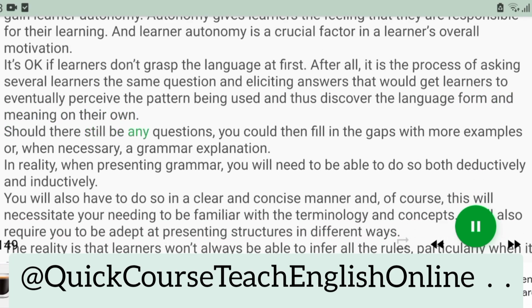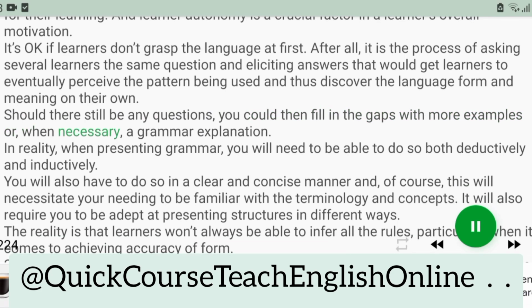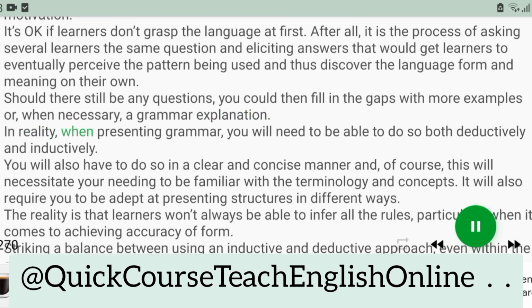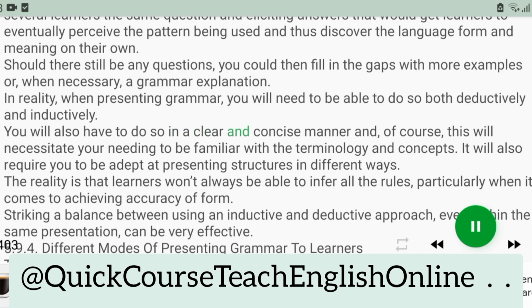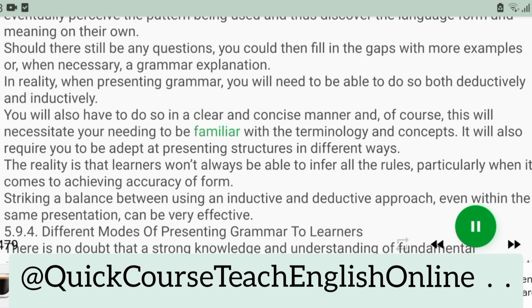Should there still be any questions, you could then fill in the gaps with more examples or, when necessary, a grammar explanation. In reality, when presenting grammar, you will need to be able to do so both deductively and inductively. You will also have to do so in a clear and concise manner and, of course, this will necessitate your needing to be familiar with the terminology and concepts.